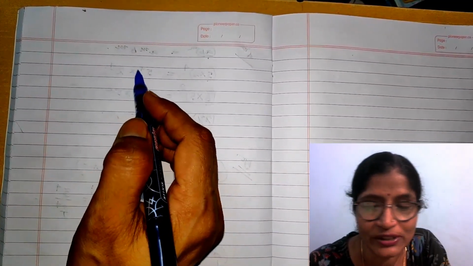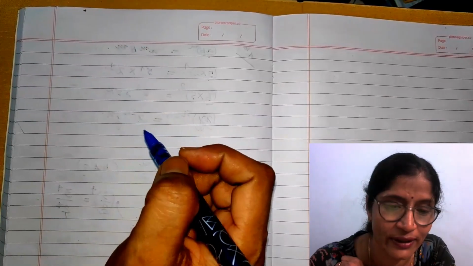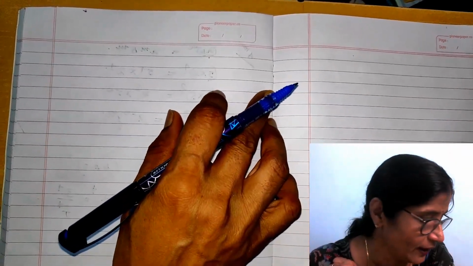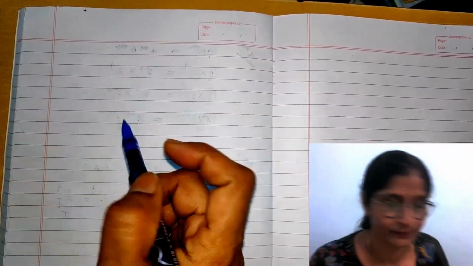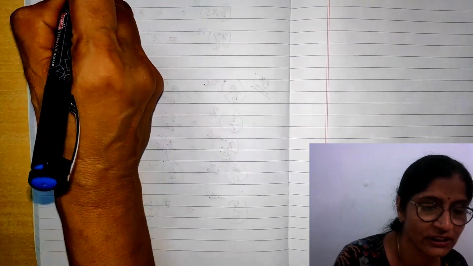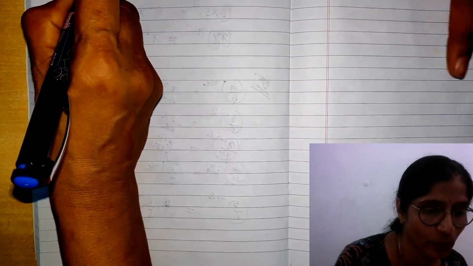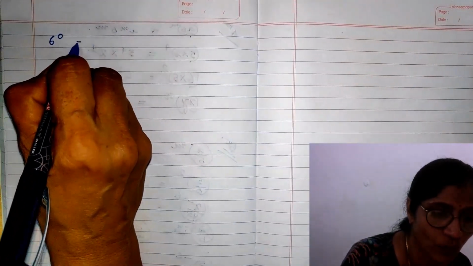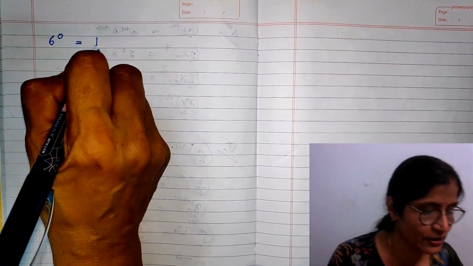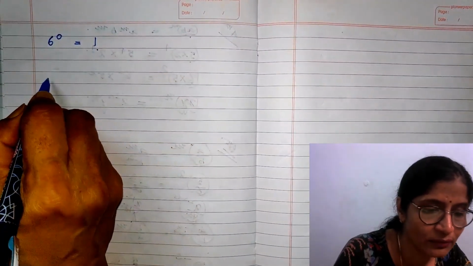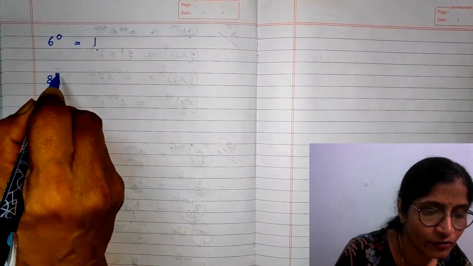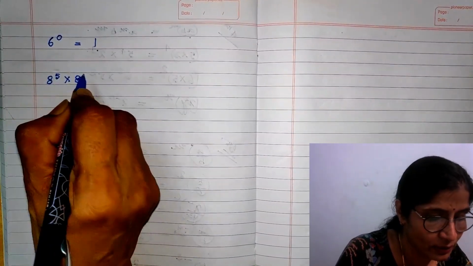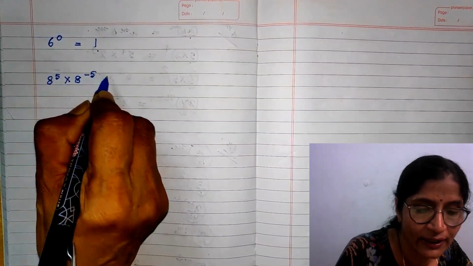Okay, so now we will do a few problems related to exponents for class 8th standard. The first sum: 6 to the power 0 is equal to 1, because anything to the power 0 is 1. Next is the sum 8^5 into 8^(-5).